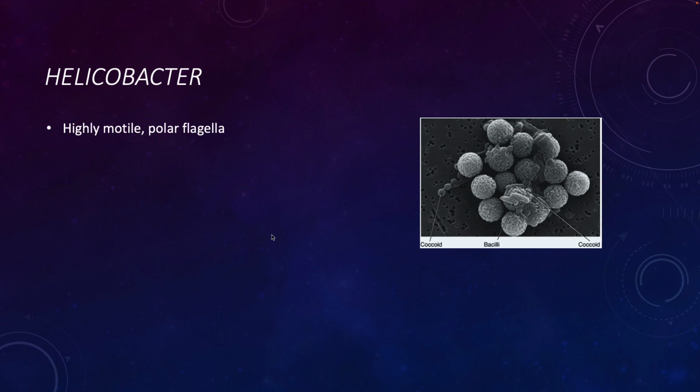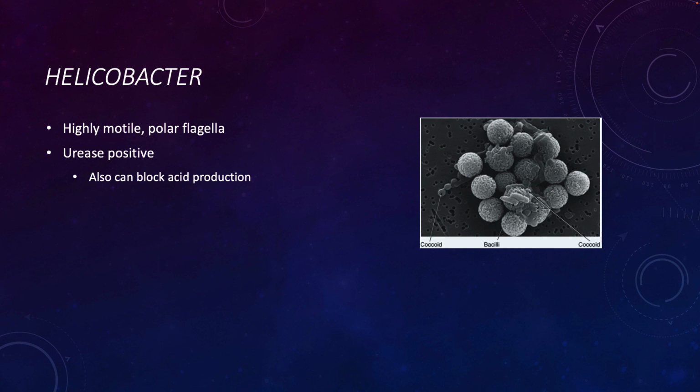Helicobacter species are highly motile because of that polar flagellum they have. They're shown right here in this micrograph. They are urease positive, and they can block acid production. So urease is an enzyme that breaks down urea, and the ammonium produced by the breakdown of urea causes the pH to raise.